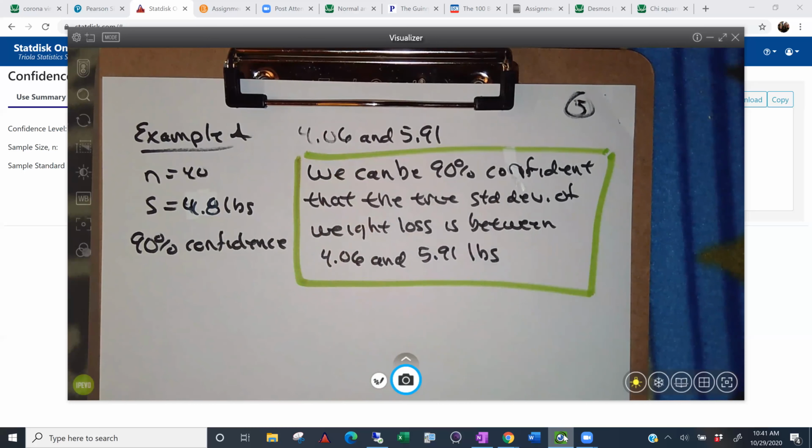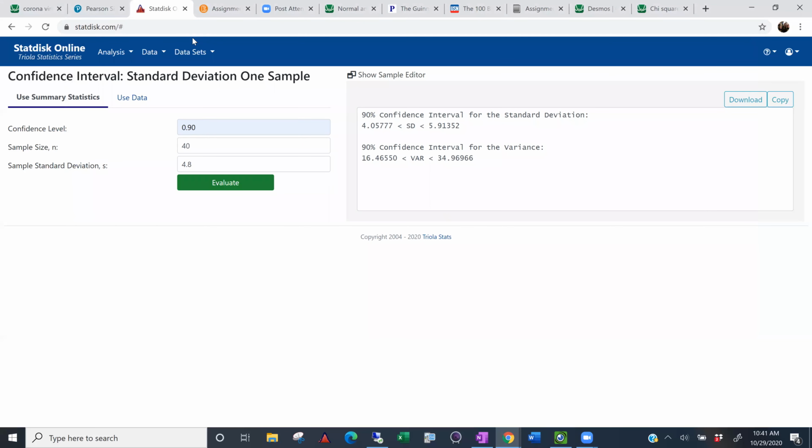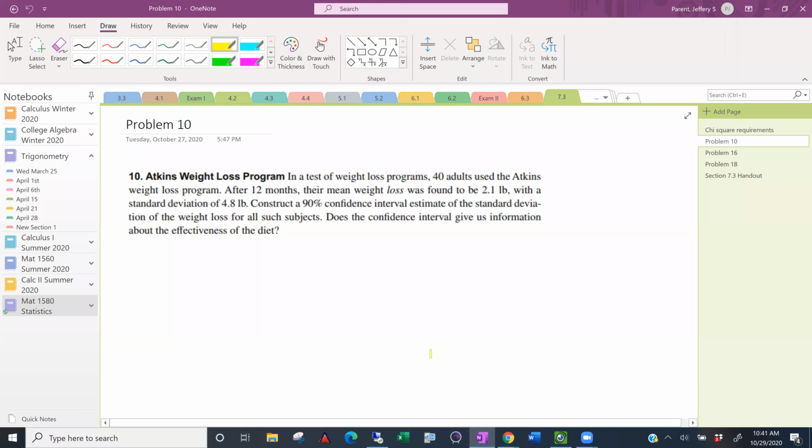The variation in the data. But wouldn't we want to know something about the mean, the average weight loss? Probably, yeah. So this confidence interval really doesn't tell us much about the effectiveness of the diet. It's just how much variability there is in the weight loss. There's a fair amount of variability, not too much, but some. But what I'd be judging him on more is this number right here, 2.1, which was the average weight loss after 12 months.